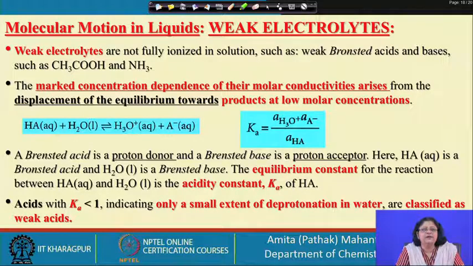So, depending on the dissociation constant value or acidity constant value, or the equilibrium constant which we are discussing here, we classify to what extent the deprotonation has happened for this particular acid. So, we are talking about a weak acid which is behaving like a weak electrolyte.